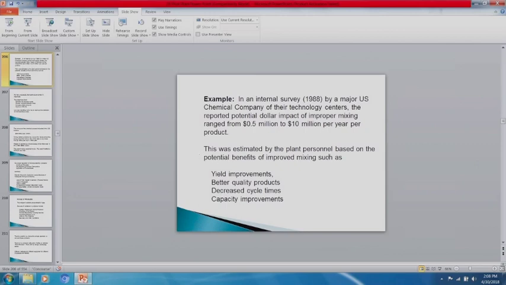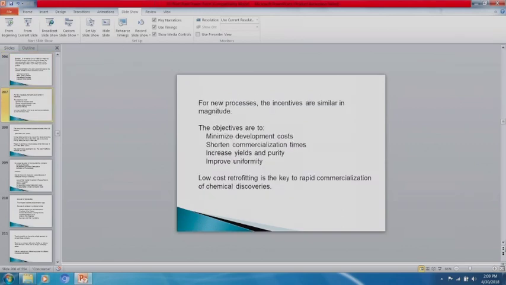And with improved mixing, the potential benefits are yield improvements, better quality products, and decreased cycle times, i.e. you eliminate lump production, which would be great, in addition to processing. And, of course, you can have capacity improvements. Typically, if you also have new processes, the new incentives are similar in magnitude. Objectives are to minimize development costs, shorten commercialization times, increase yield and purity, and improve uniformity.